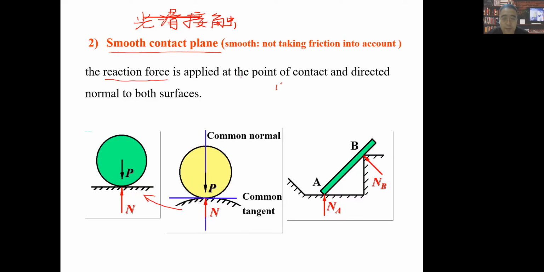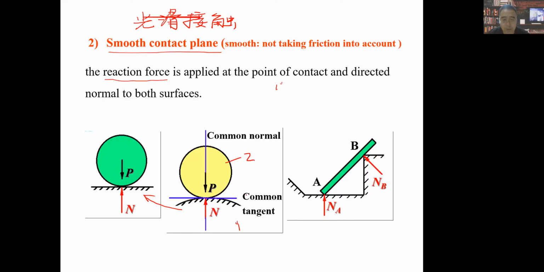First you find the point of contact, then you should draw the common tangent line. You see, let's say here, this is body one, which has a curved shape here. This is body two. So these two come into contact here. This is the contact point.